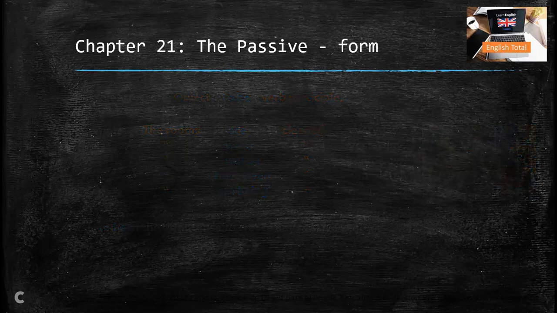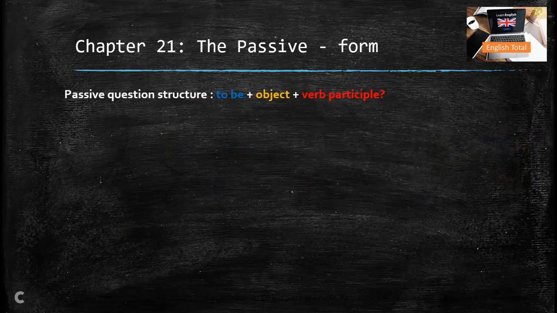Let's move on to question formation. This is the structure for questions in the passive voice. You start with the verb to be, followed by the object and the main verb in participle form. Take a close look at these examples.